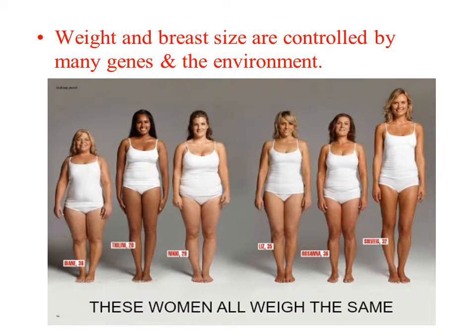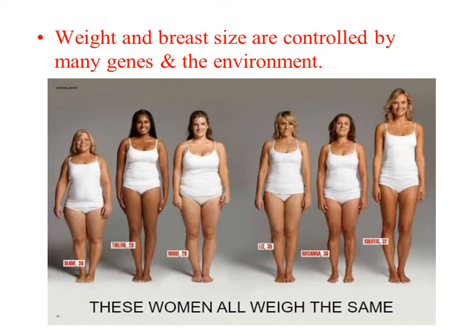Weight is another one, and breast size. They're both controlled by many genes. Someone always asks what the environment means. The environment means what you were brought up eating. If you were brought up eating salads as a little baby, you probably still eat salads.